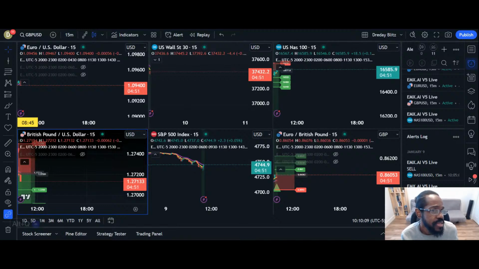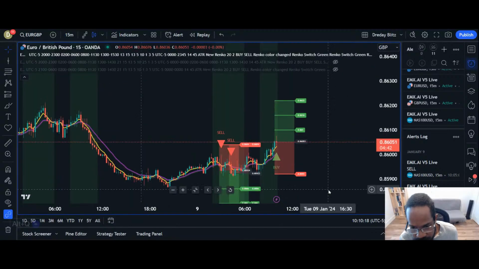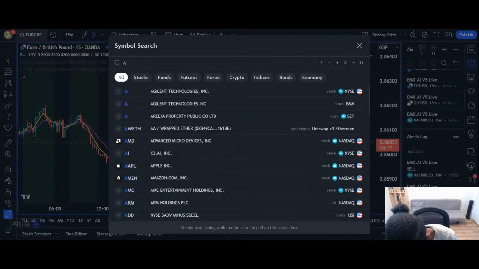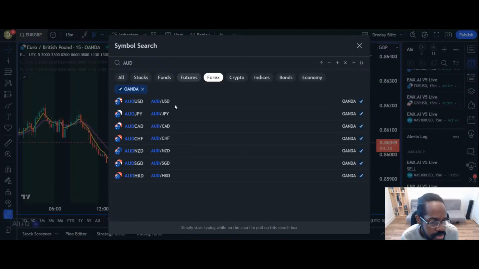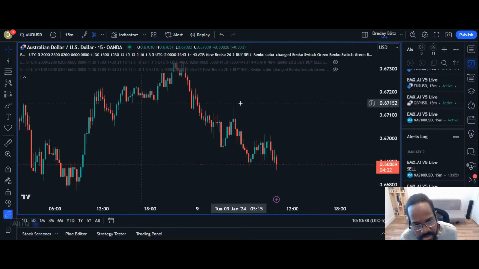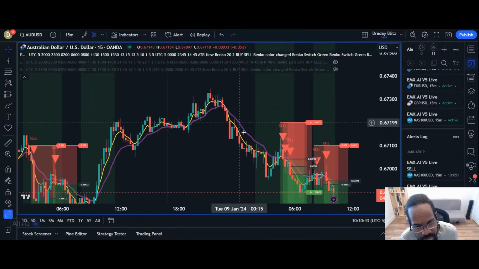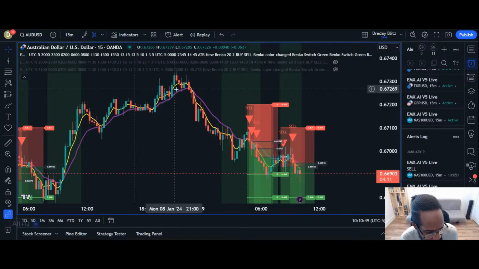So let's look at AUD USD. Let me pull up the chart, and we're going to pull up AUD USD. Let me go Forex here. So AUD USD, as you could see, was bearish here since yesterday, since Monday.